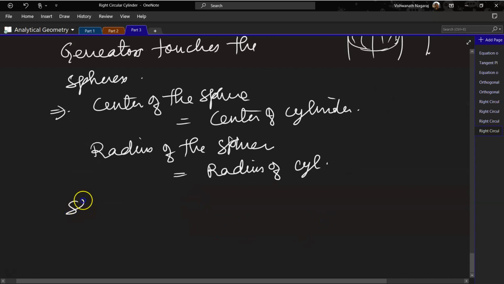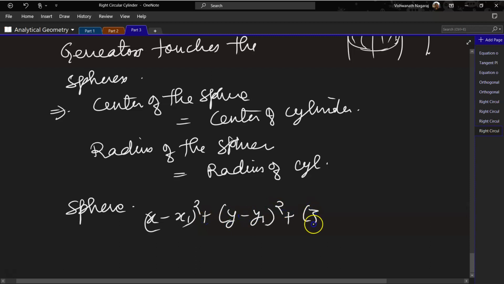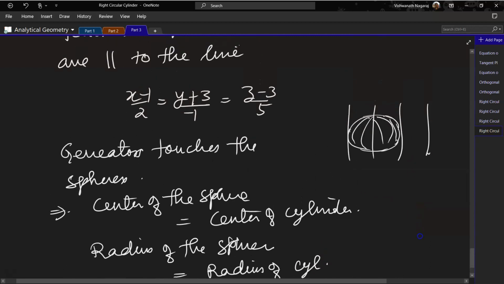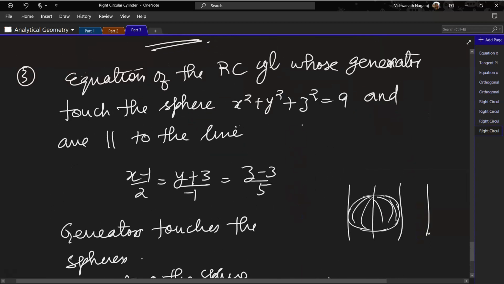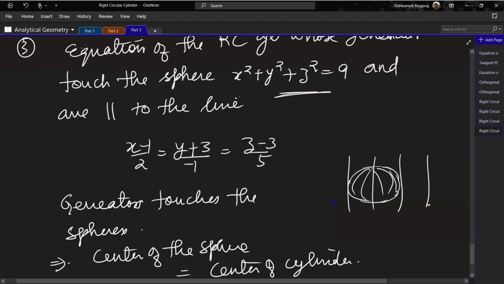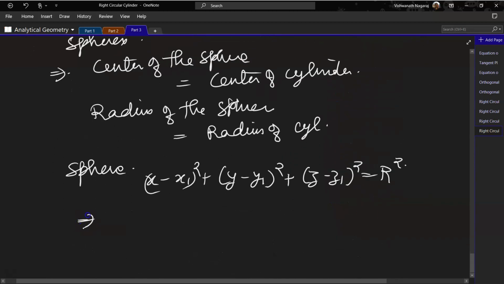In general, a sphere we write it as (x minus x1) square plus (y minus y1) square plus (z minus z1) square is equal to r square, right? But here if you notice, in this equation of the sphere, x1, y1, z1 is not there at all, which implies that x1 equal to 0, y1 equal to 0 and z1 equal to 0.